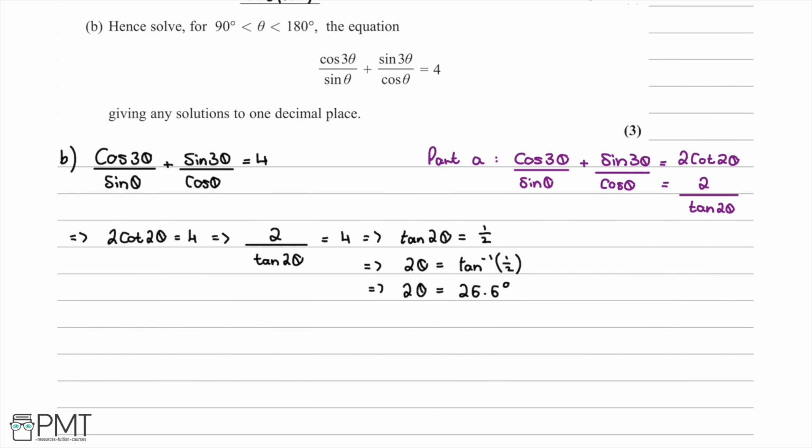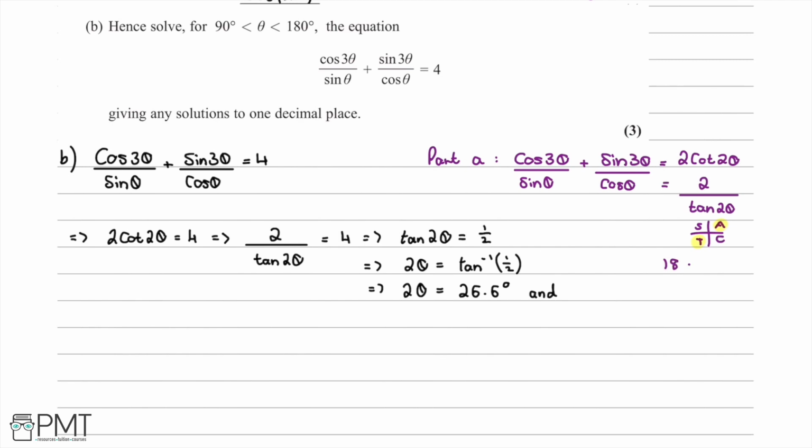And then we'll use our CAST diagram. So we draw that here. And we first tick the all box because we don't have a negative here. We have a positive, so we tick the all box. And then we're working with tan, so we tick the T box.